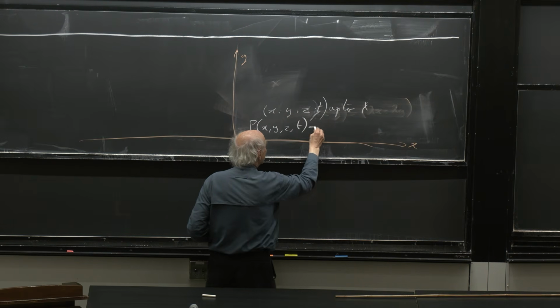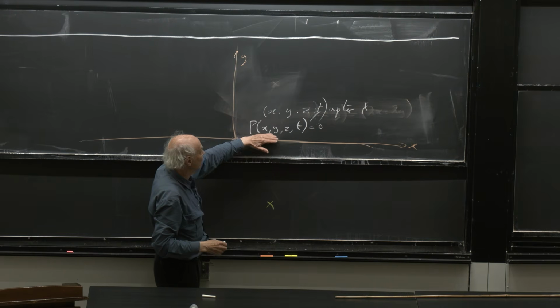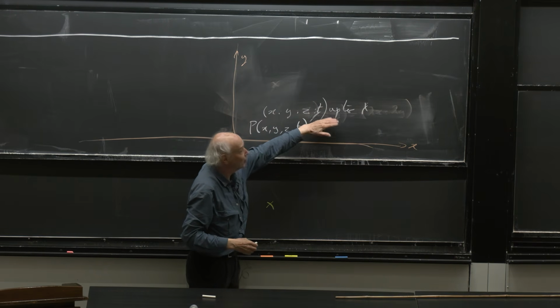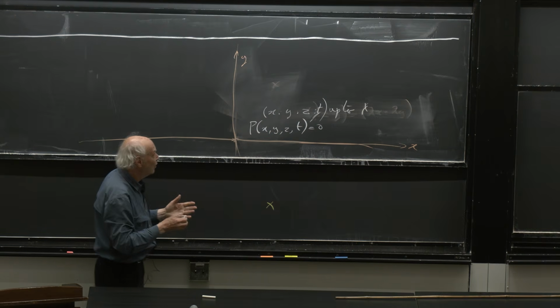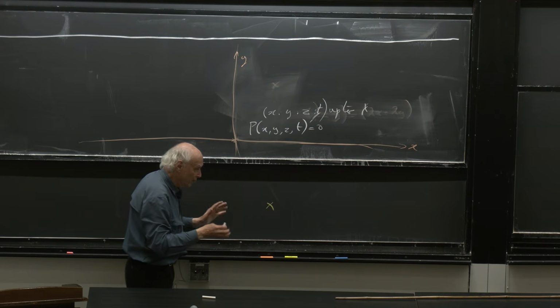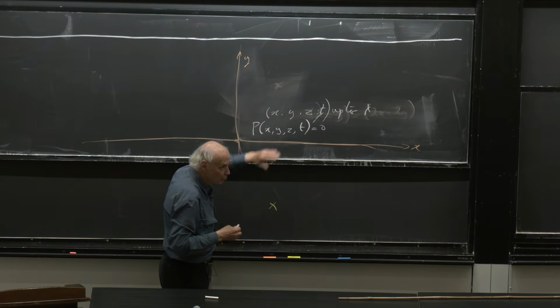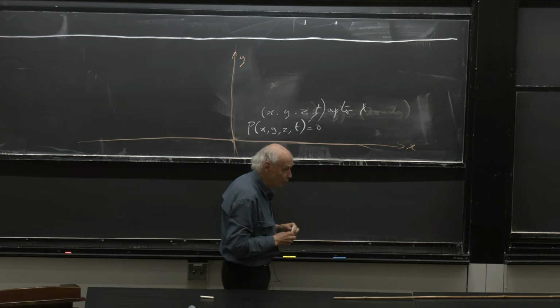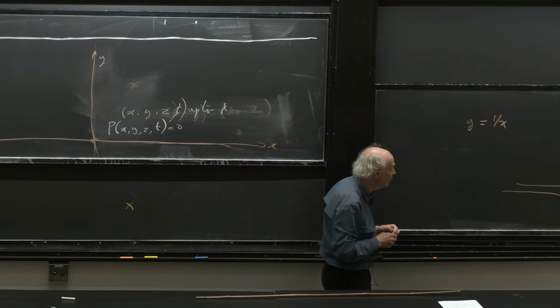But this polynomial should be homogeneous, so that it vanishes here if and only if it vanishes at some multiple. So to define curves or varieties in projective space, you use homogeneous polynomials if you want algebraic varieties.